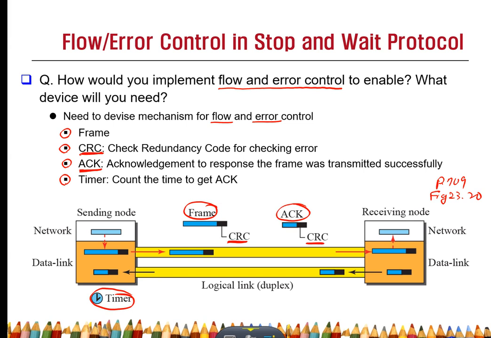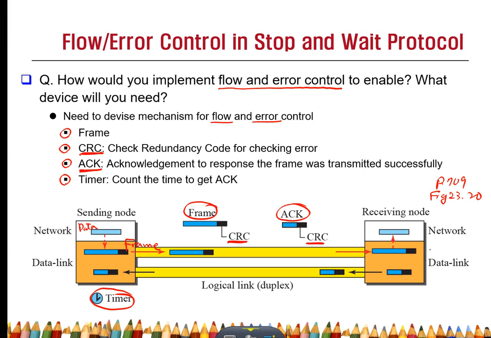So the scenario is like this. In the sending node, if the data arrive from network layer to send to the receiving node, the data is delivered to the data link layer, and if the frame is ready to send out, it is sent out, and then the timer starts.